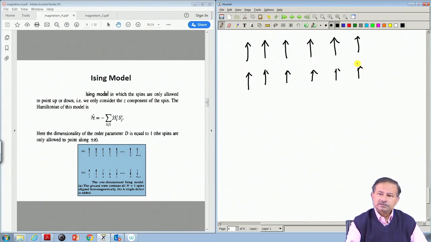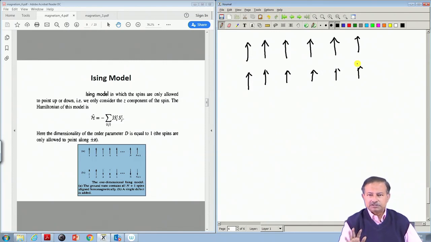I can have a situation where spins have Sx, Sy, Sz all components, but the real space is one dimension. That will be the Heisenberg model in one dimension. You should just remember, when we say one dimensional model, that means the space in which the spins are embedded, the atoms that carry these moments, is one dimensional.